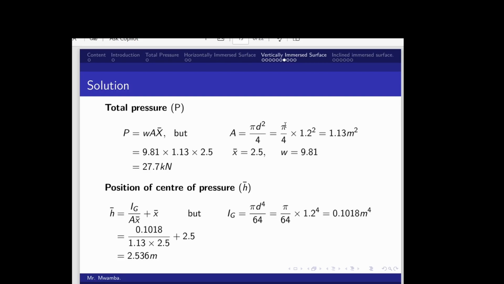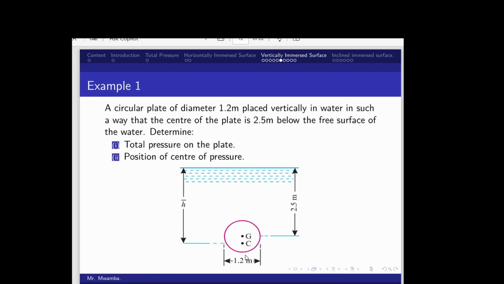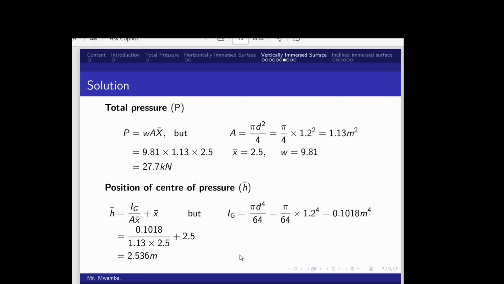Pi is a special constant, over 4. The diameter has been given in the question as 1.2. So you substitute, and you get 1.13 meters squared. So substitute your area there.